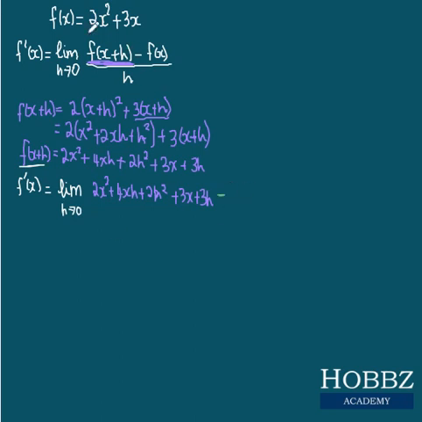So we're subtracting the original f of x, which is 2x squared plus 3x. Because of the minus, we change signs for both terms, so we now have minus 2x squared minus 3x, over h.